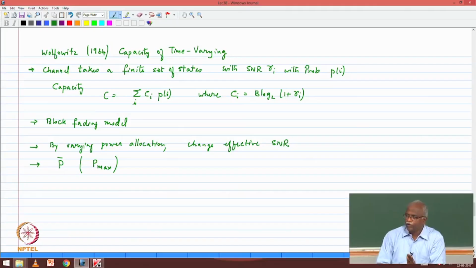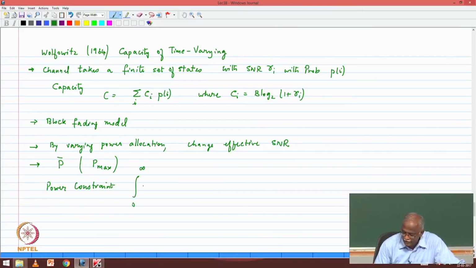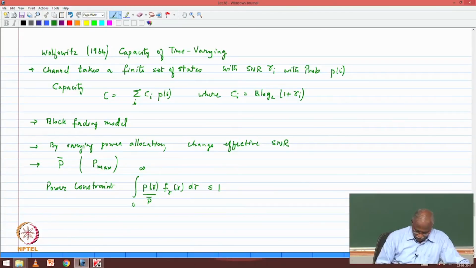Again, for now we will assume that our allocations are reasonable, so therefore P bar is sufficient for us. Okay. So, the power constraint, as we have already mentioned, is the integral from 0 to infinity of the power that is assigned, times f gamma of gamma d gamma, divided by P bar, is less than or equal to 1. Okay.